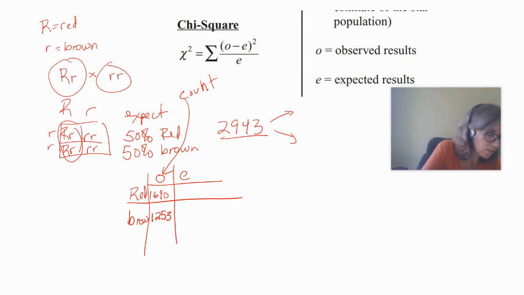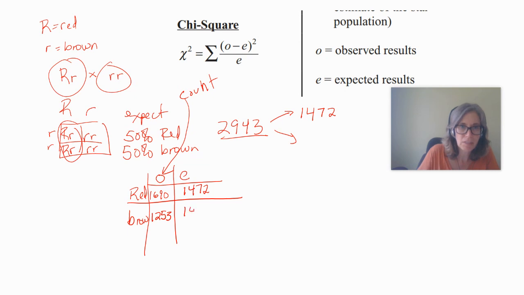I just did that wrong. 2,943 divided by 2. So 1,400, and let's say 72 of them I'm expecting to have red eyes.